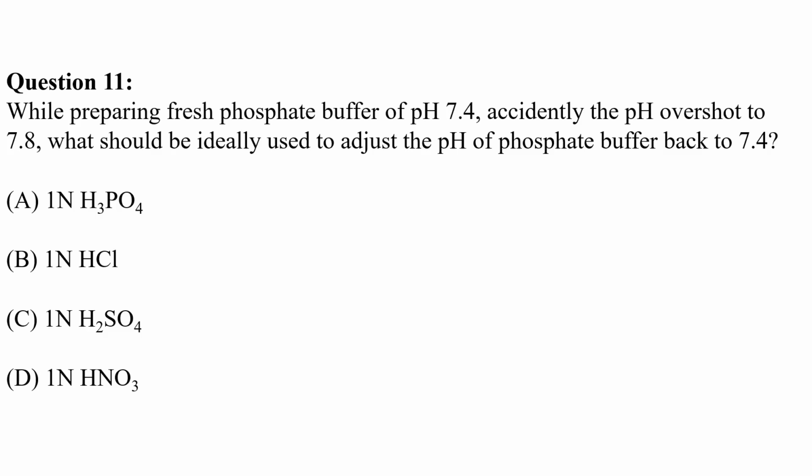So I was preparing phosphate buffer of pH 7.4, but accidentally the pH overshot to 7.8. What should I add to adjust the pH back to 7.4? Option A, 1 normal phosphoric acid, option B, 1 normal hydrochloric acid, option C, 1 normal sulfuric acid, and option D, 1 normal nitric acid.